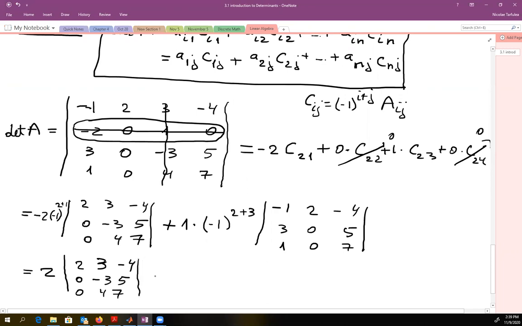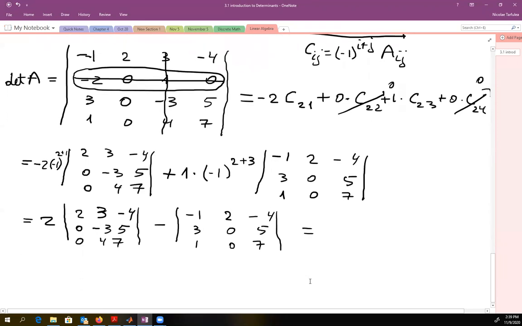And here is negative, the determinant of -1, 2, -4, 3, 0, 5, 1, 0, 7. Okay, so this equals.